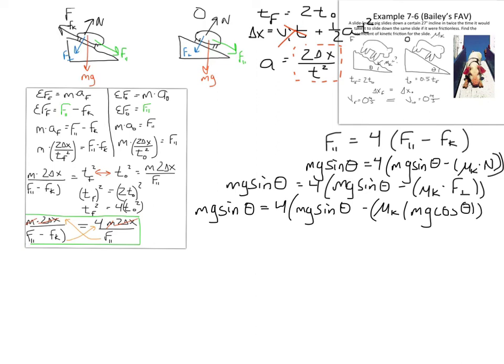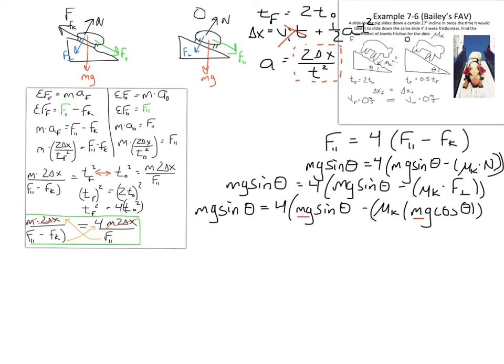This equation right here is as complicated as it's going to get, and it's only going to get simpler from here on out. Because why? Well, look at this. There are some things that are going to go away real quickly here. Everything is multiplied by mg, right? You could factor out the mg's and bring it out front, but they would still cancel out.